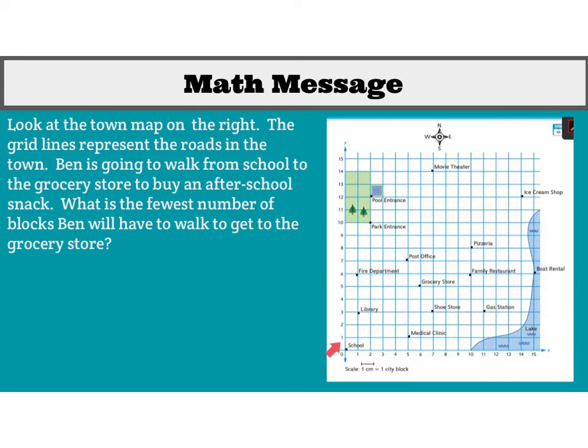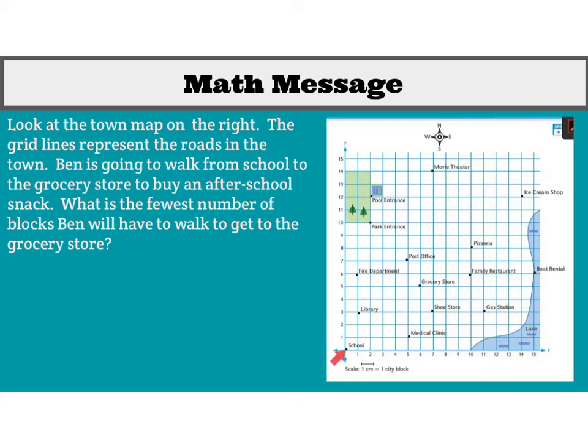If we count each one of those sections, from here to here would be 1 block. So there's 1, 2, 3, 4, 5 blocks up, and then 6, 7, 8, 9, 10, 11 would be our total if we went that direction.